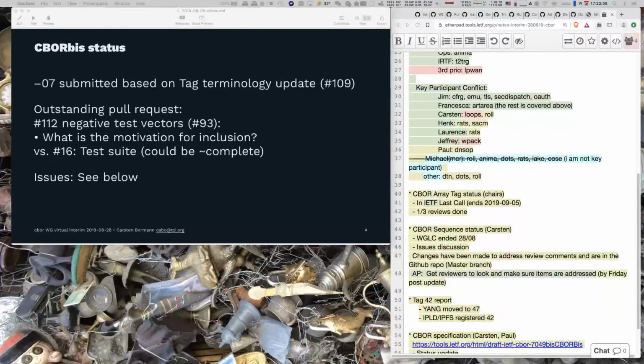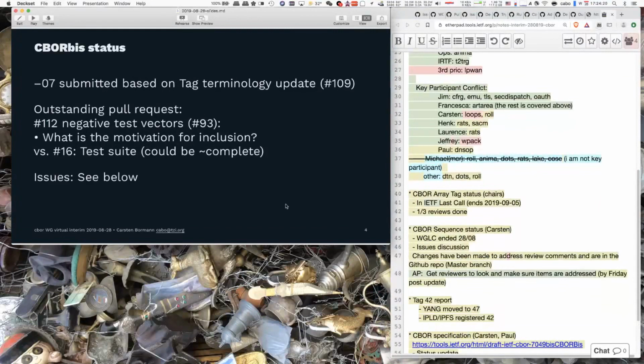We have one outstanding pull request. That's the negative test vectors, the test vectors that are not well formed. And I must admit that exactly what I thought would happen happened. It's kind of a weird list.